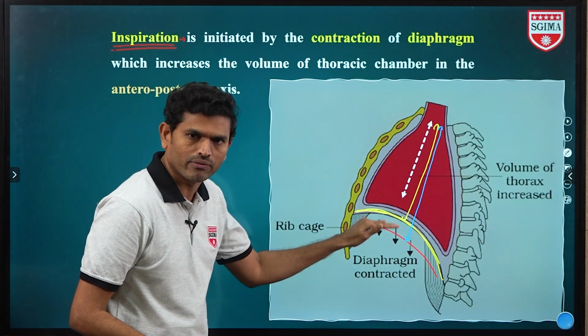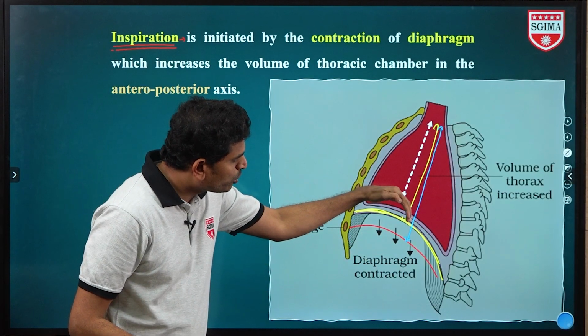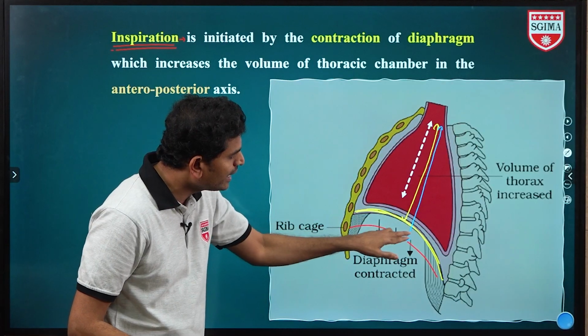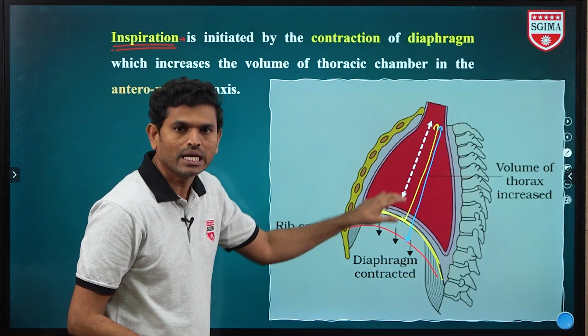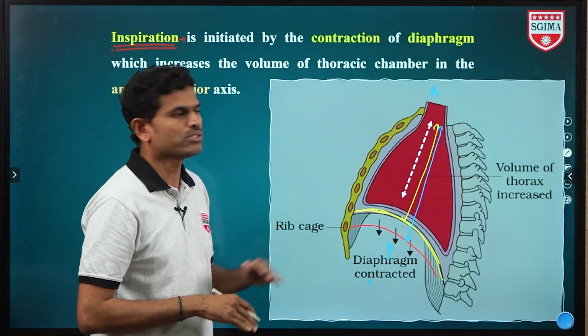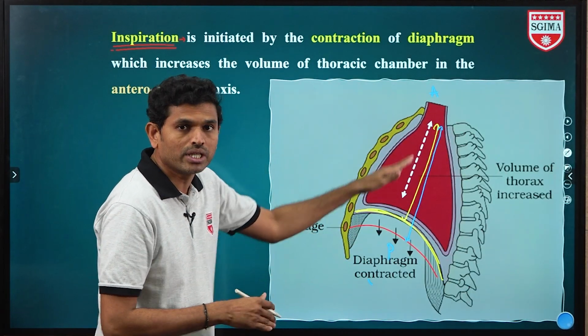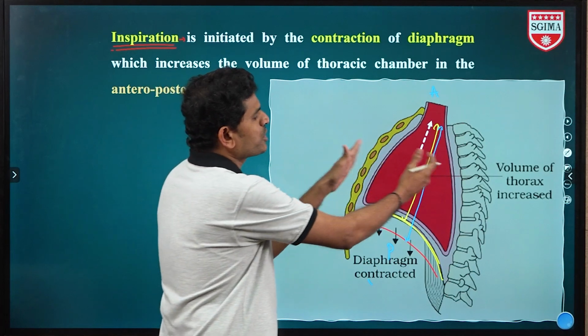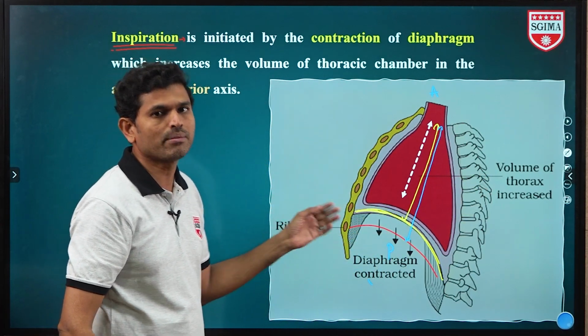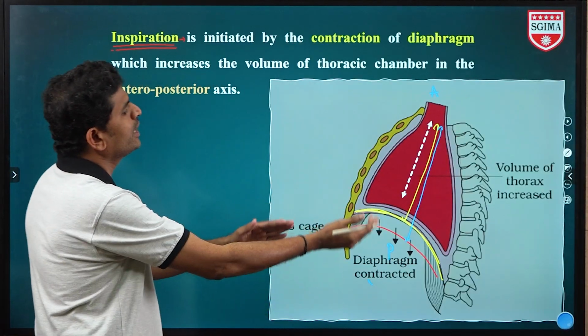The diaphragm. It will first be dome shaped, and because of contraction it will get pulled down, and it increases the cavity in the anteroposterior direction. So in one direction the cavity has increased; in the other direction it must also increase. Which muscles help to increase it in the other direction will be in the next slide.